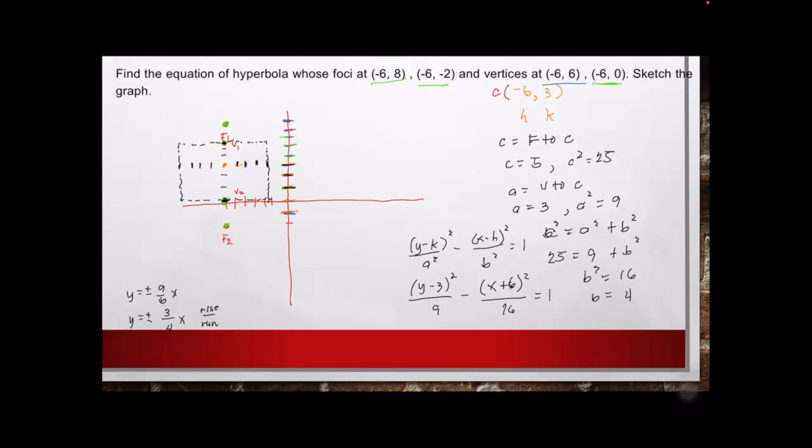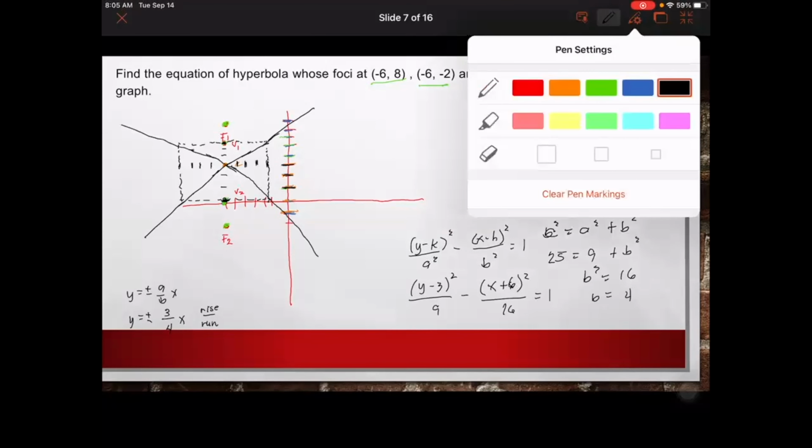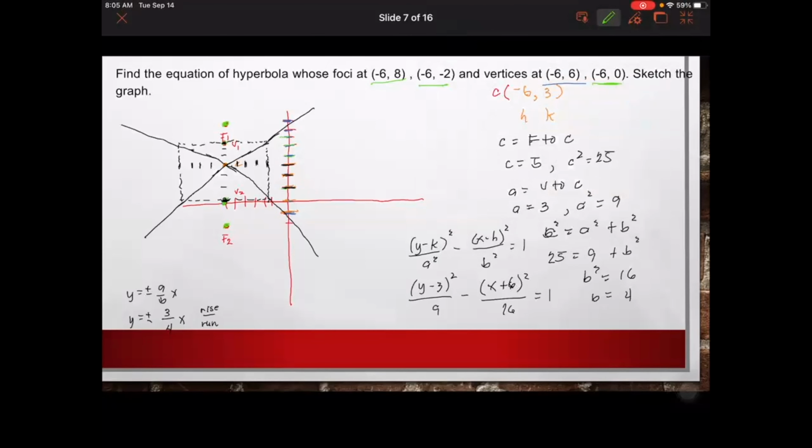This is our box na nabuo. So, from the center, ganyan na. Straight line to ha. Imagine na lang. Ayan. Then, from the vertex, ganyan siya.